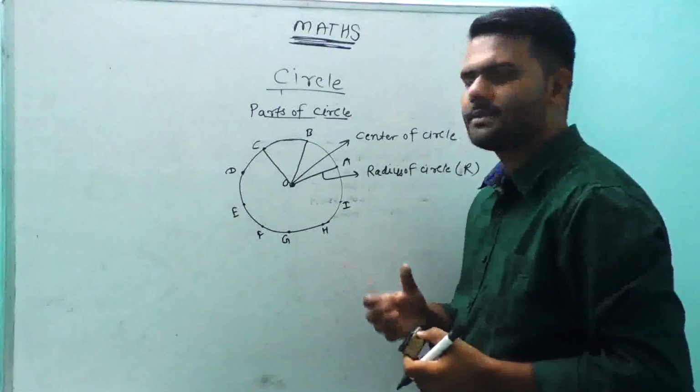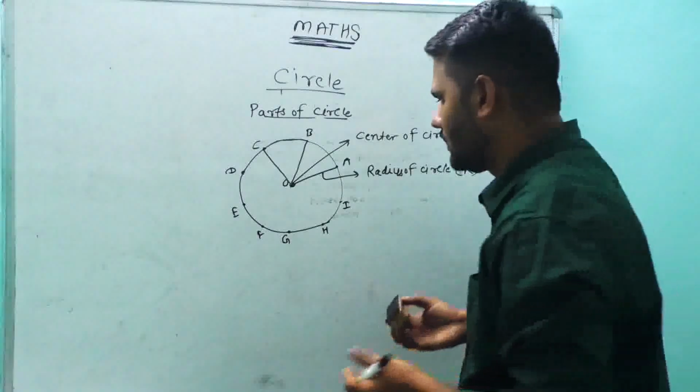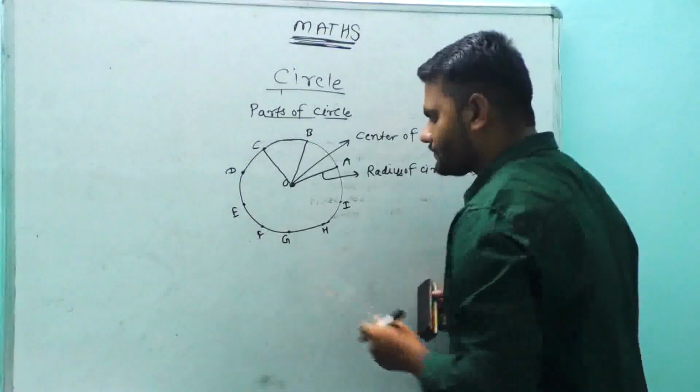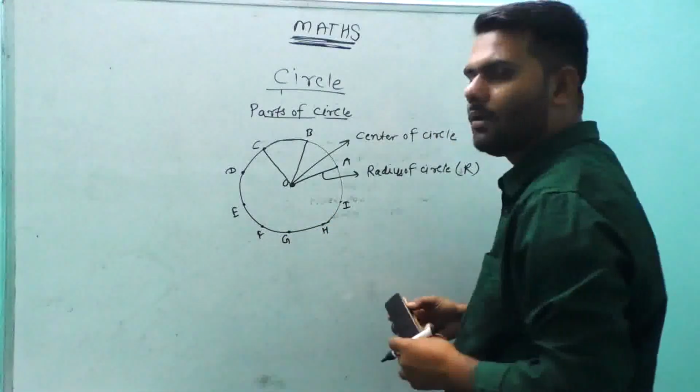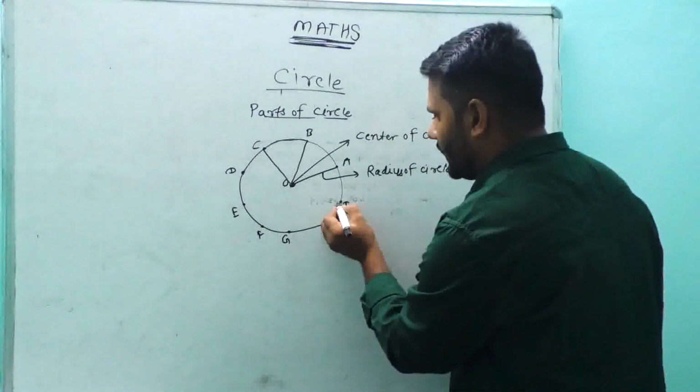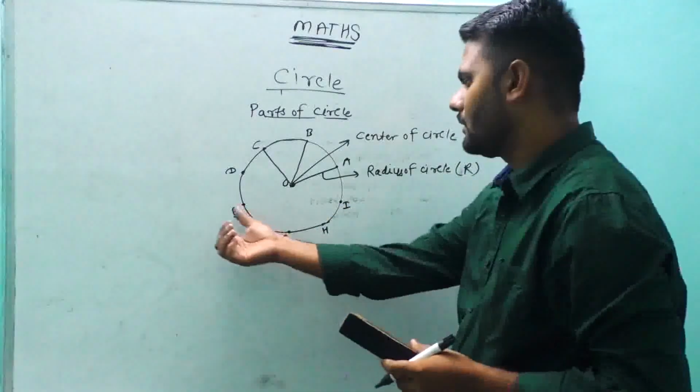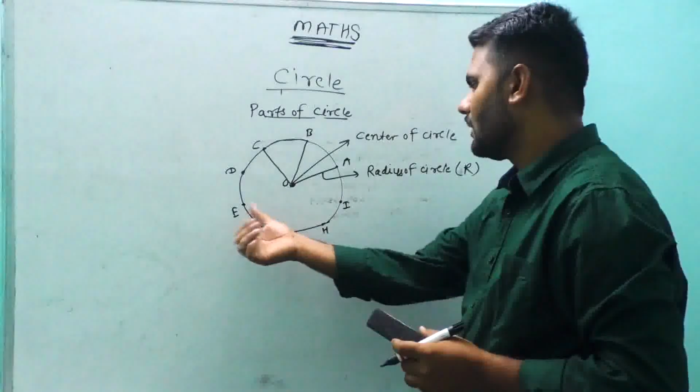Now we discuss the chord of a circle. Chord means two points on the circle boundary. Here are two points on the boundary of the circle.